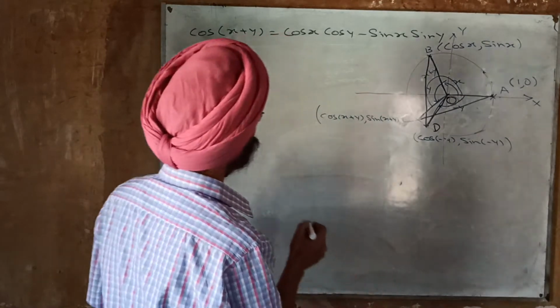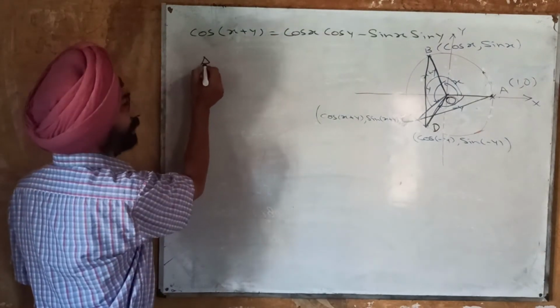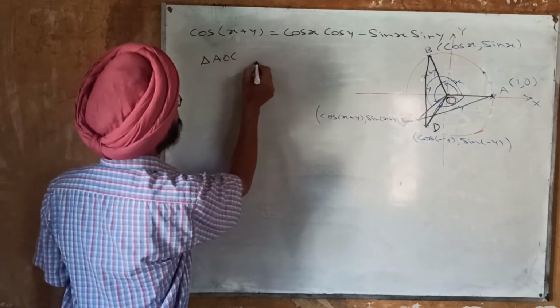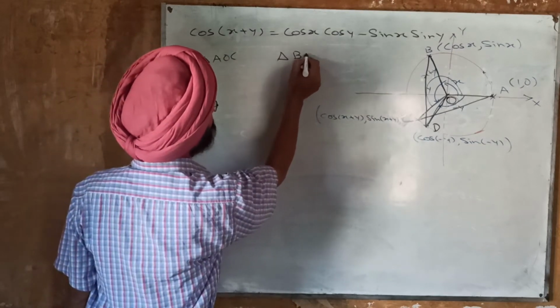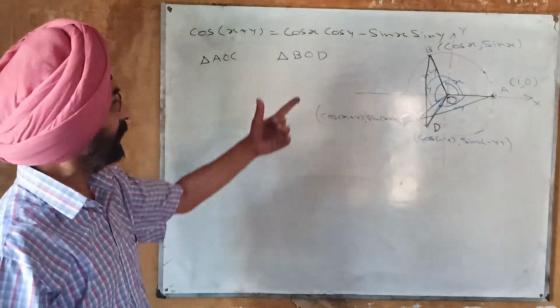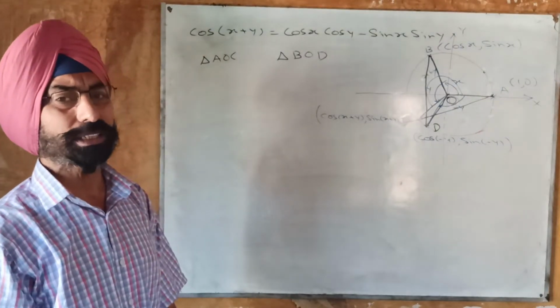So I am considering two triangles, triangle AOC and triangle BOD. If you look carefully, these two triangles are congruent to each other.